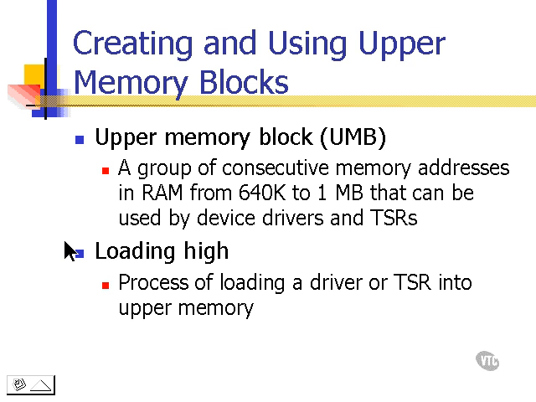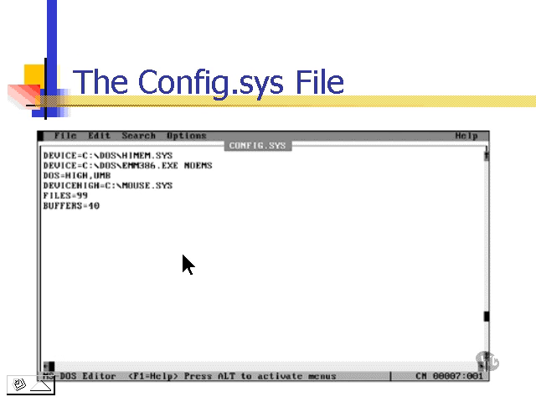Loading high is the process of loading a driver or a TSR into that upper memory area. And what we do is we force the device drivers to load high by using a config.sys file. In the config.sys file, we type device equals c:\dos\himem.sys.